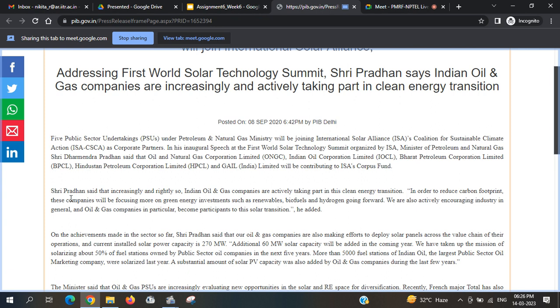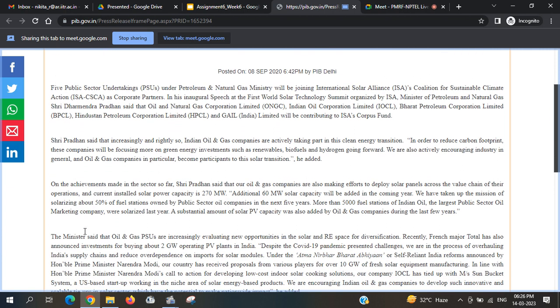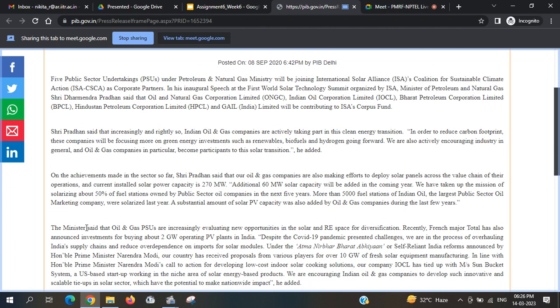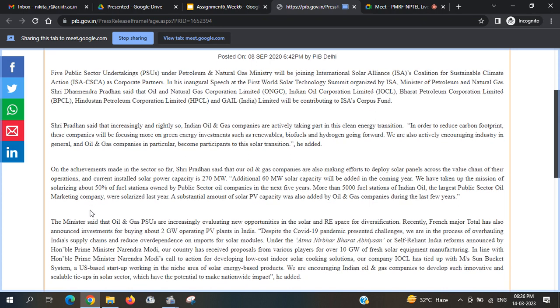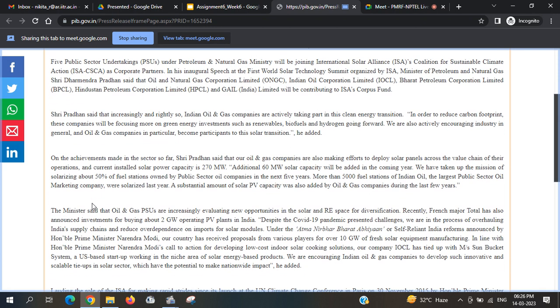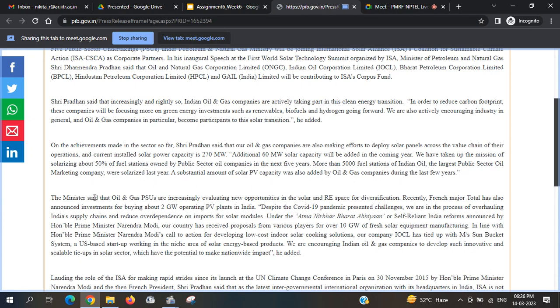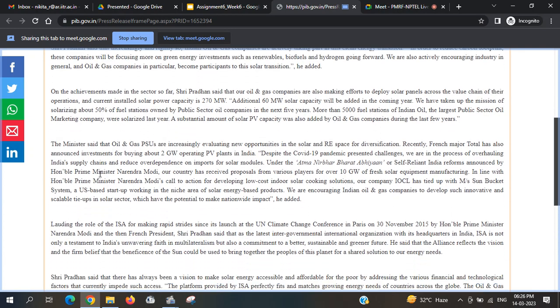These PSUs have joined this alliance as corporate partners, and a part of this commitment was the ministry's commitment to solarize 50% of the fuel stations which are operated by the public sector.